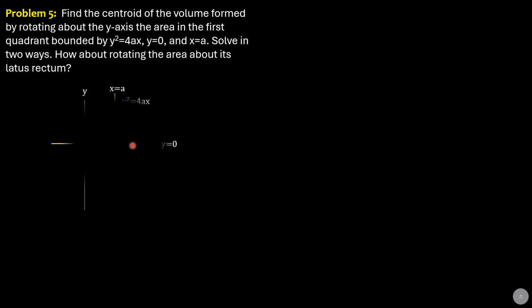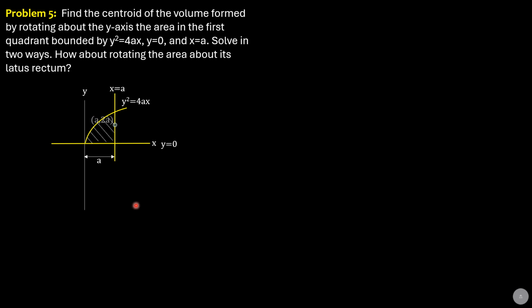So this is the graph of y squared equals 4ax. This is the line x equals a, which is coincident with the latus rectum. So that is a, and this is the area to be considered, and this area is to be revolved or formed by rotating about the y-axis.